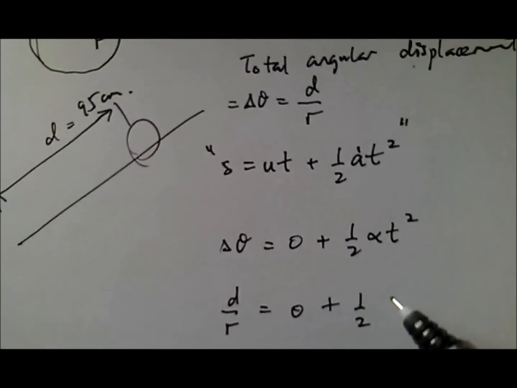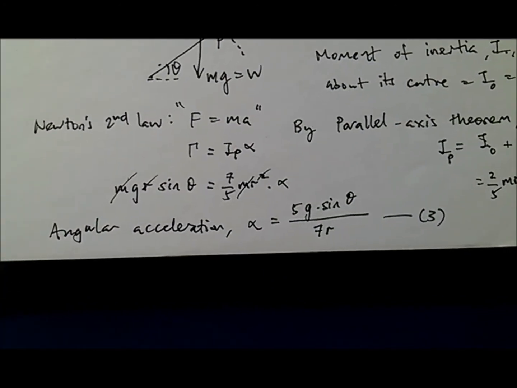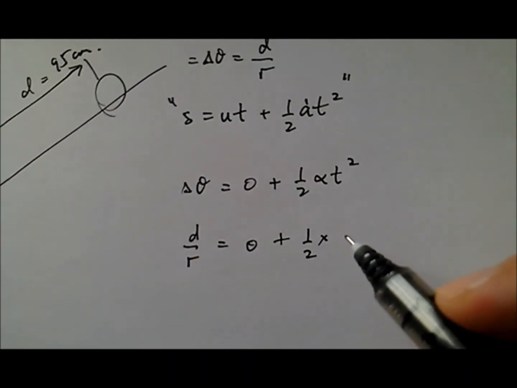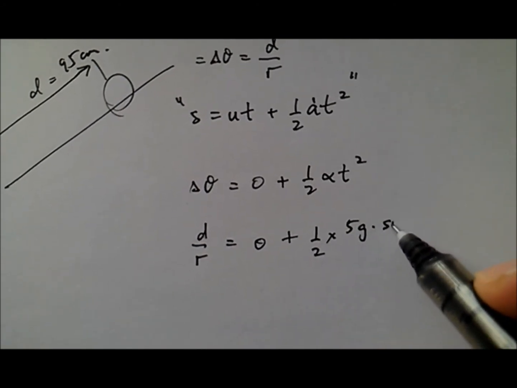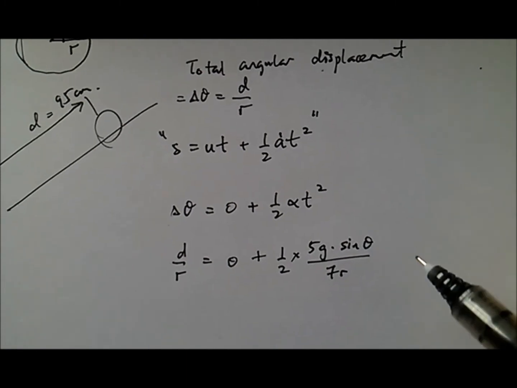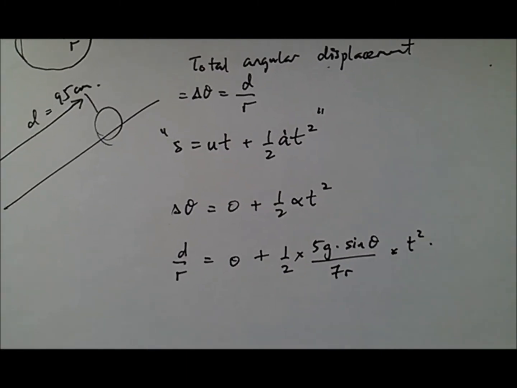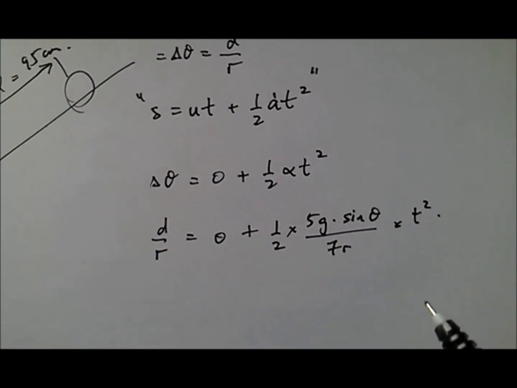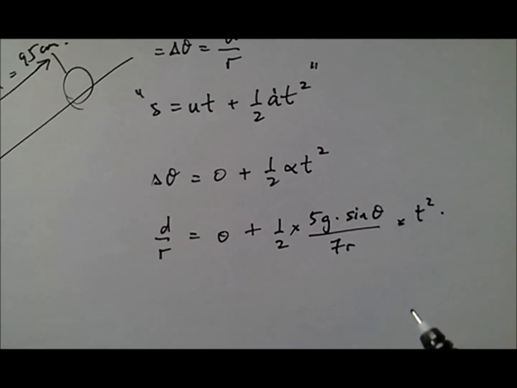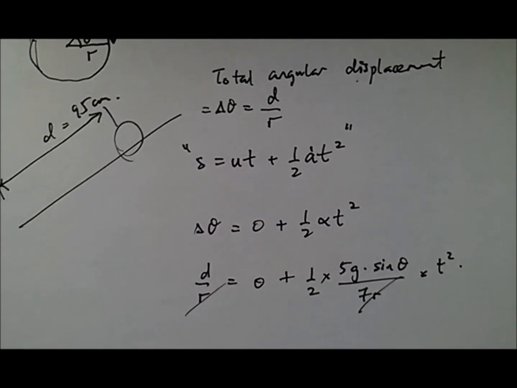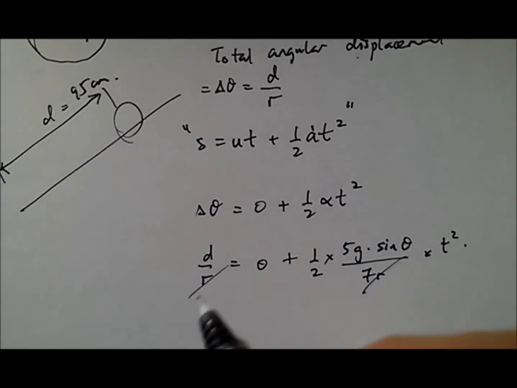So d over r equals half times 5g sine theta upon 7r, times t squared. We can start to substitute, and one more simplification: the radius cancels out. That makes it very simple.